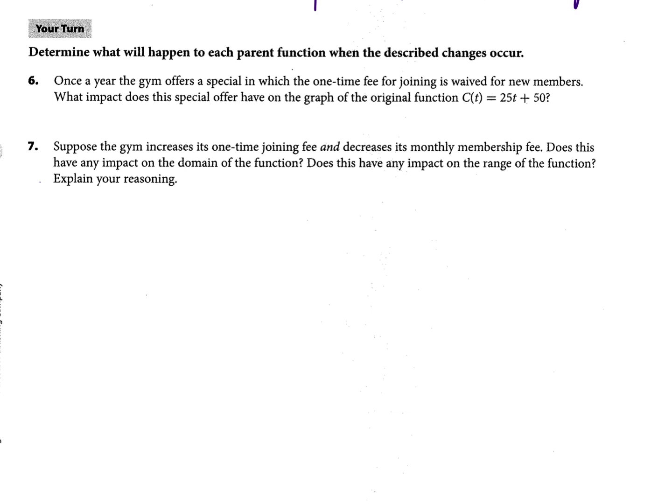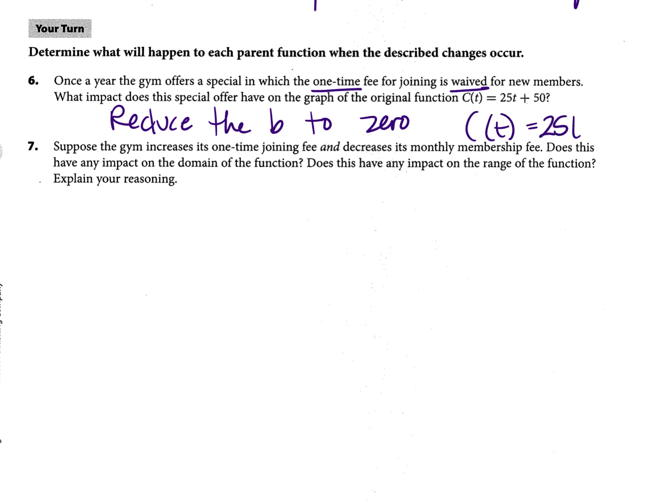So if the one-time fee is waived, that means they do not have to pay it. So it would decrease the y-intercept, the b value, to 0. So our function would say C of t is 25t plus 0.